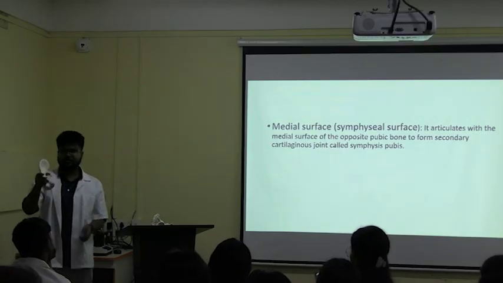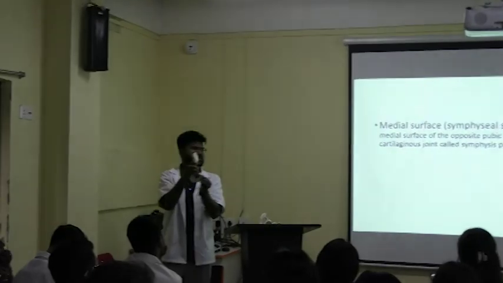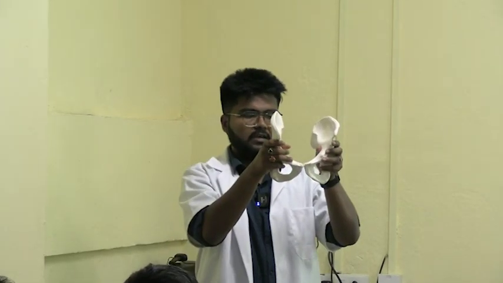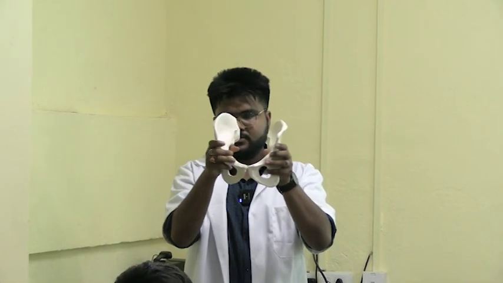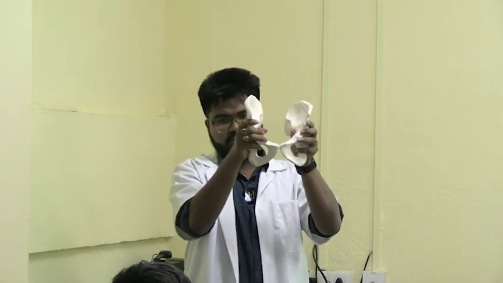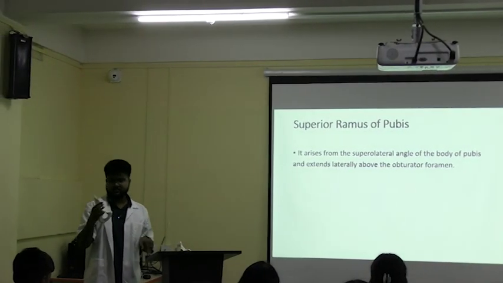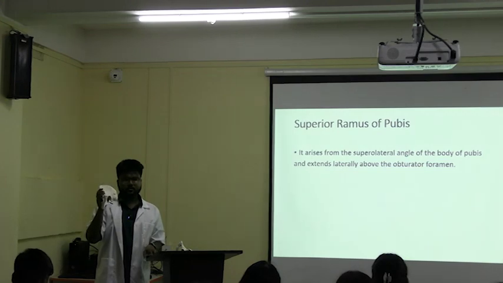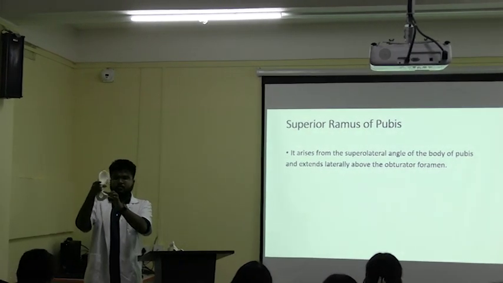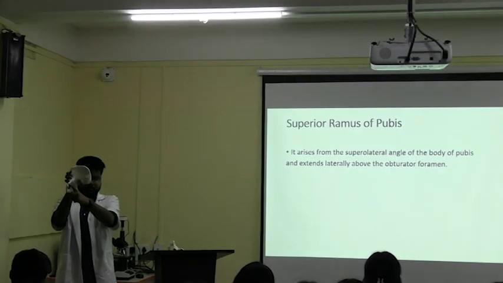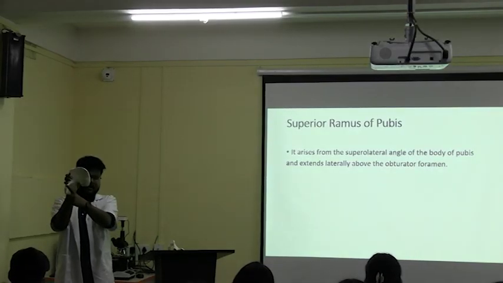And next you have to see the medial surface. This medial surface is articulated by the two bones and forms the pubic symphysis. This superior ramus has three borders. One is the posterior and sharpest border, called the posterior border, also called the pectineal line.